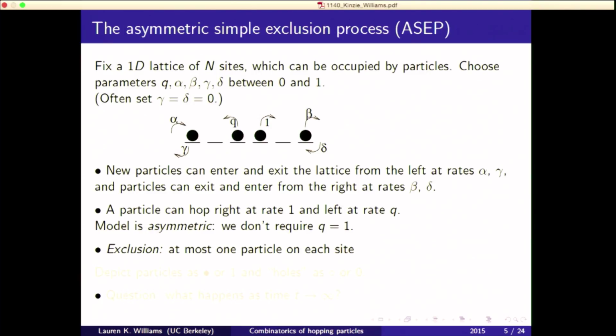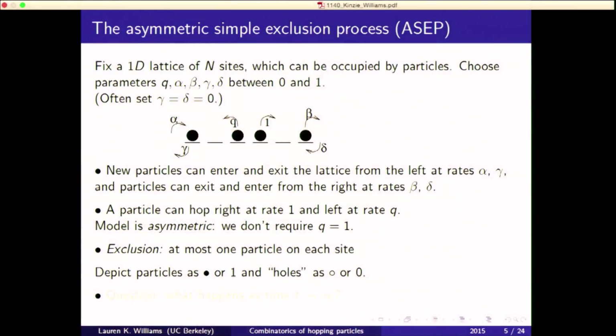The word exclusion in asymmetric simple exclusion process refers to the fact that there's at most one particle on each site. You don't want two cars on top of each other. So in this one-way street, they can actually back up? Well, we're allowing that in our model, but one would hope that q, gamma, and delta are 0. But these are not the probabilities, right? Because one of them is 1. That's right.